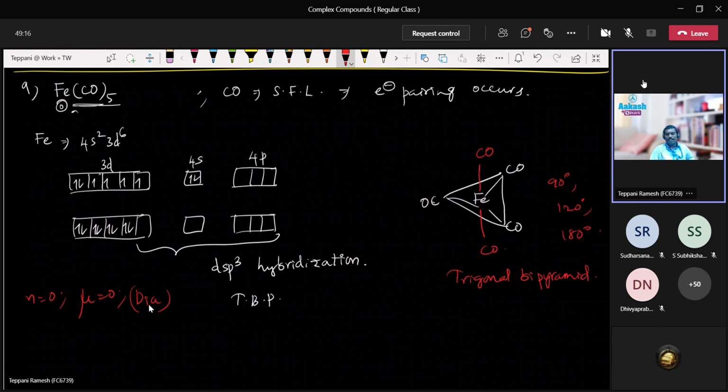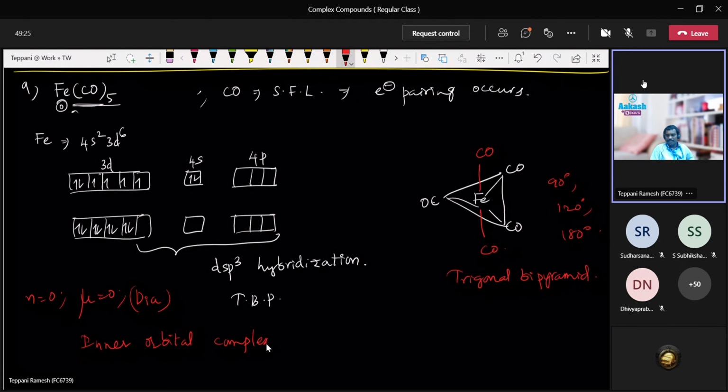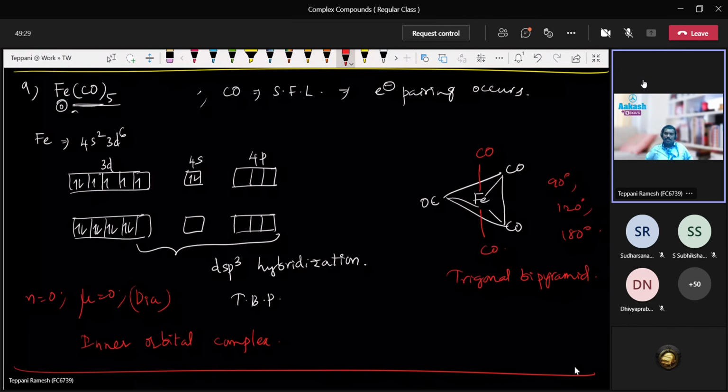You can say here inner orbital or outer orbital. Why? Because sp3d and dsp3 are there. Here it is dsp3, inner orbital.